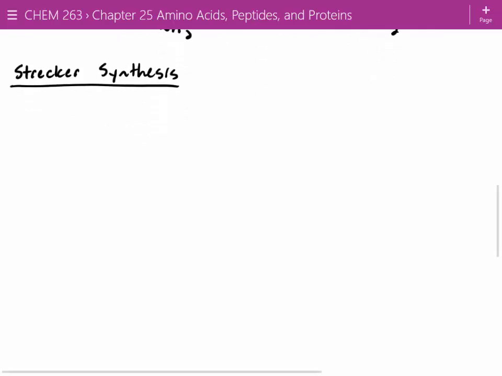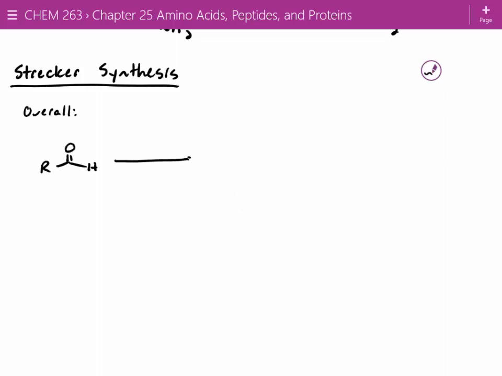All right, in the Strecker synthesis, the overall mechanism is pretty straightforward, and then we'll go through it step by step. You'll start with an aldehyde, and then you'll take ammonium chloride and sodium cyanide.